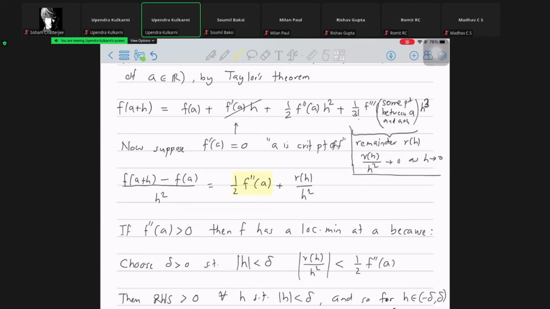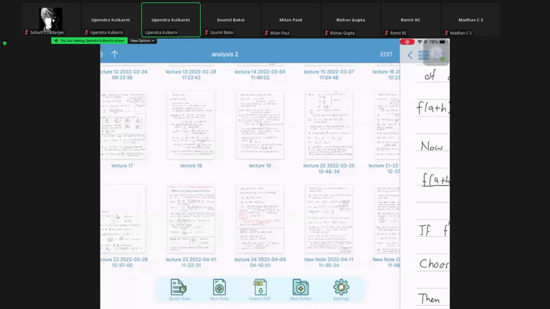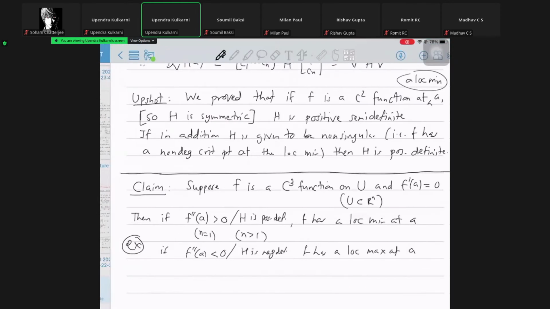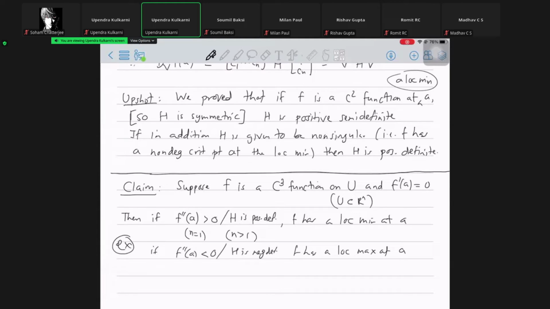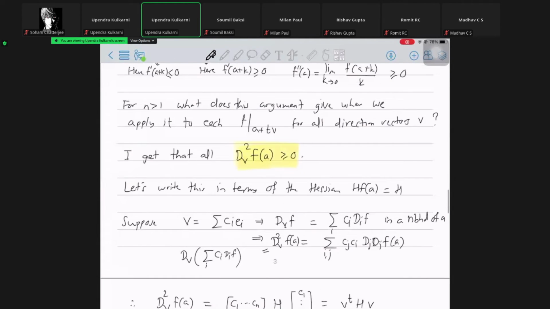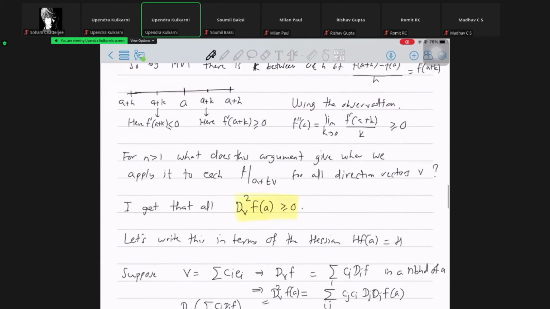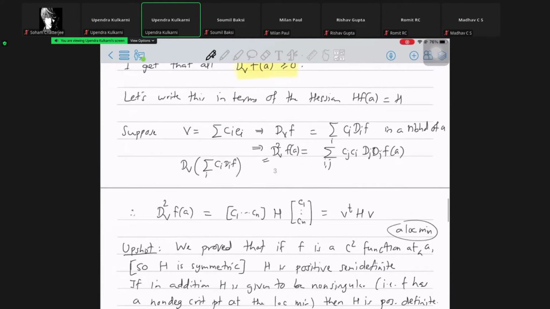I have a problem with this approach, because in the situation that I have, where do I have this? v transpose Hv, can I say that it is always greater than a certain fixed number, no matter what v is?